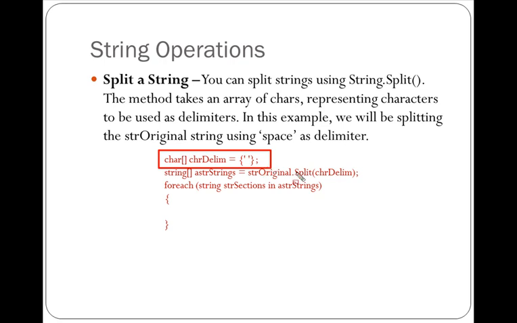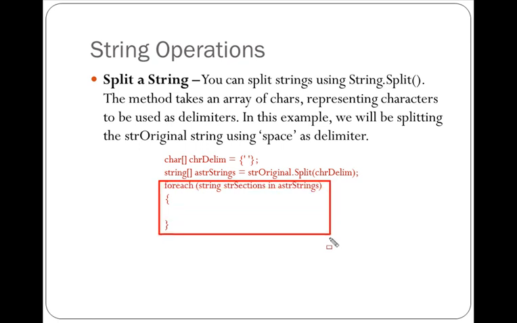And when it splits all those values up, it's going to store them into another string array. Once I have them all split, then if I wanted to, I could use a for each statement to rifle through all of those individual parts of that array to do something with it.